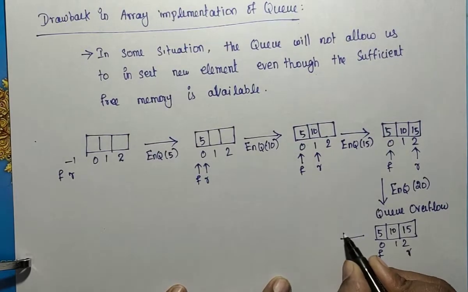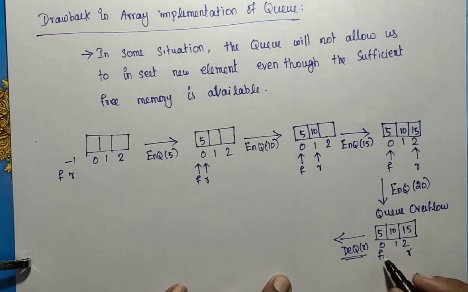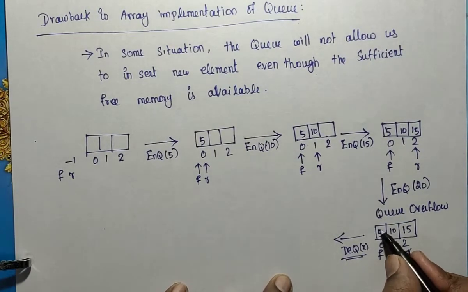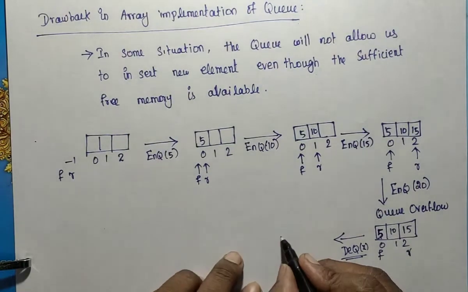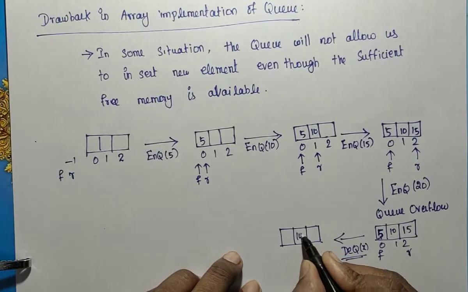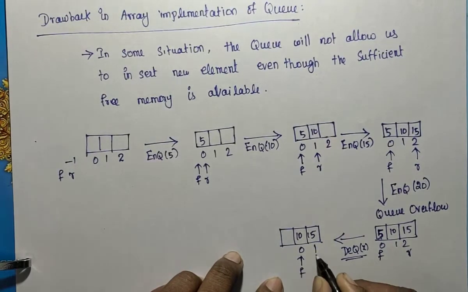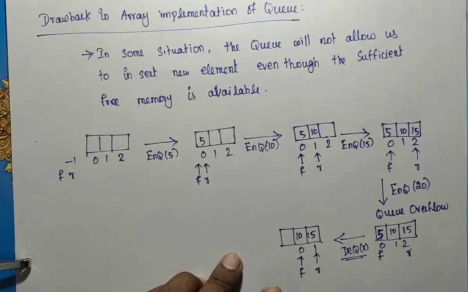Now if you delete some element, that is, we call the dequeue operation, the 5 will get deleted. After deleting that element, only 10 and 15 will be there, at 0 and 1, with front pointing to this one and rear pointing to this one.